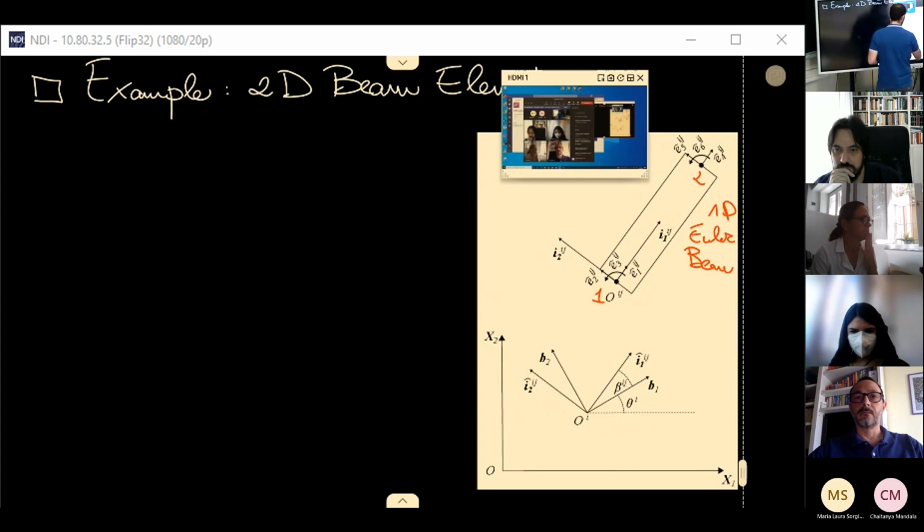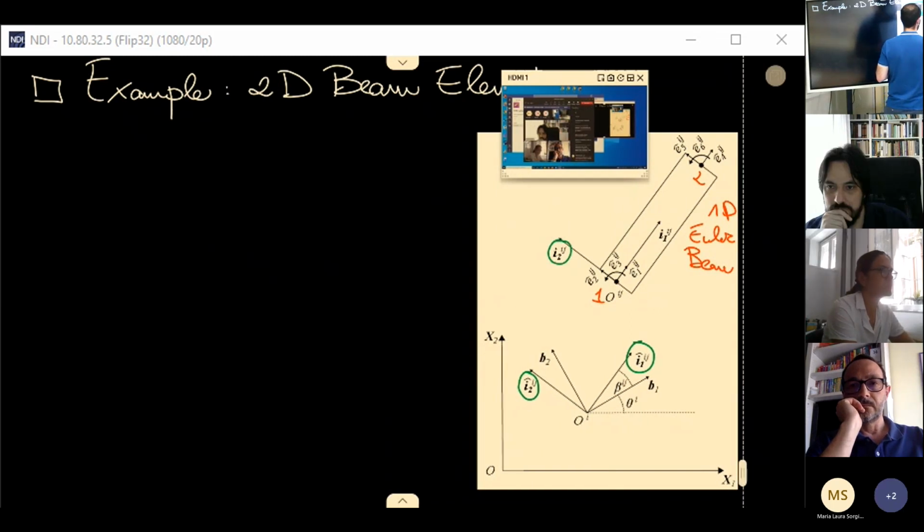In this frame, this is a formulation that we are developing in the frame of the floating frame formulation. So we have the intermediate frame I1 and I2, Ij. In this case, it's just a 2D space, which is parallel again to the element frame I1 and I2. Here it is.